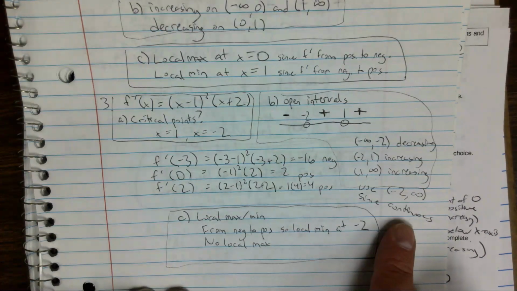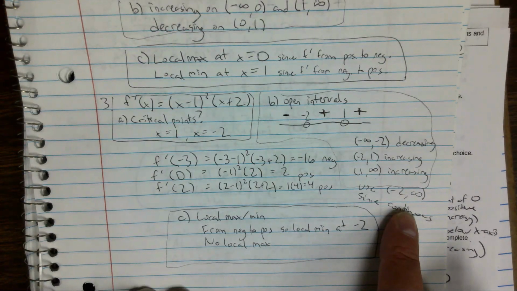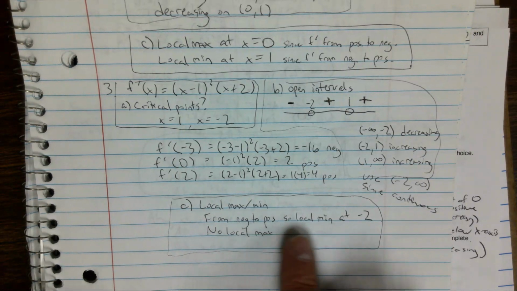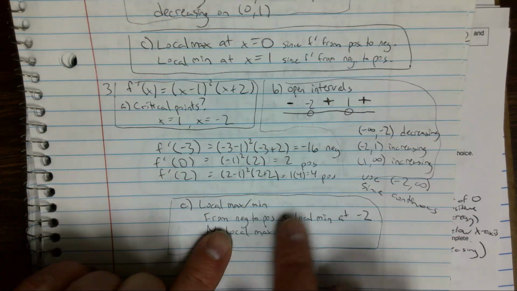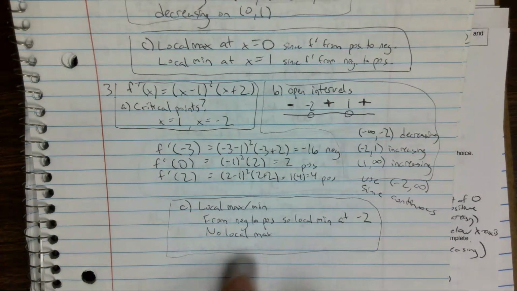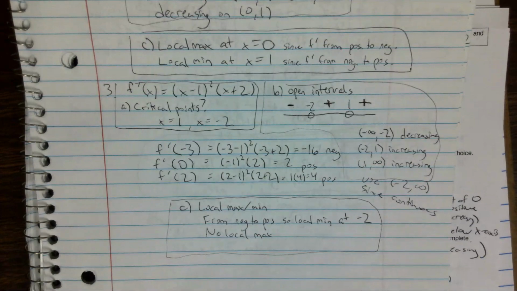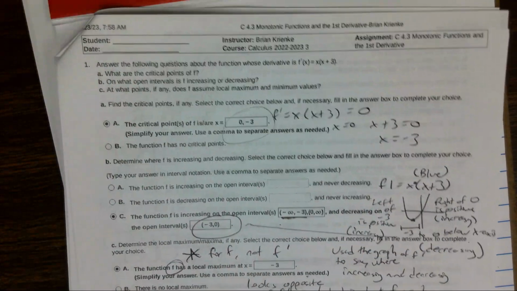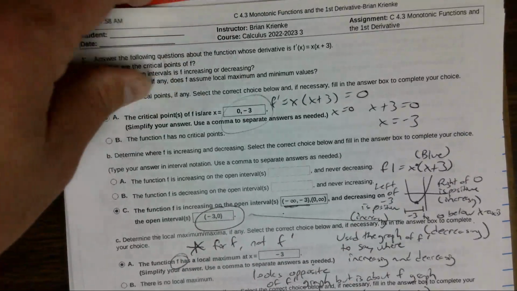And so we want -2, infinity. And then you have a local max and min. You go from negative to positive at -2, and there's no local max. And so let's do that on yours, because you don't really have to do all this extra work yet, but you will get there.